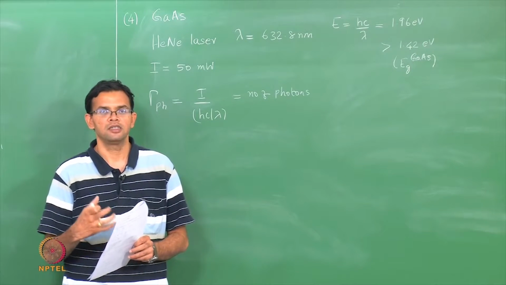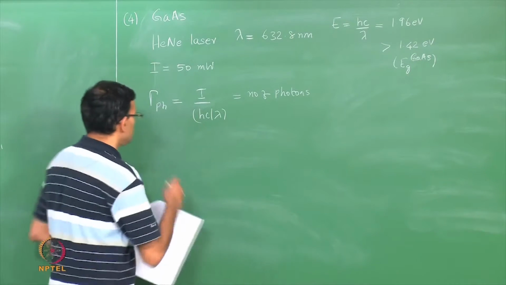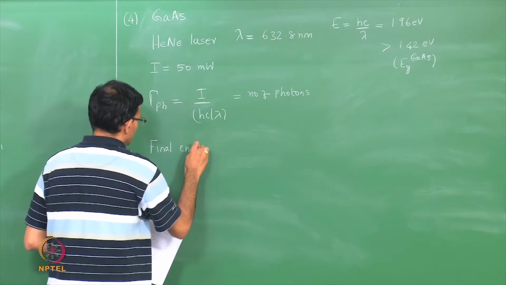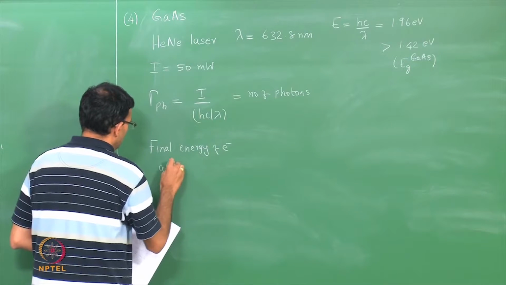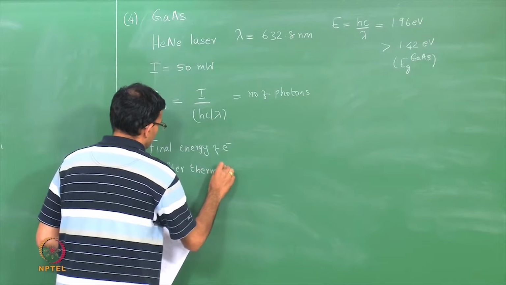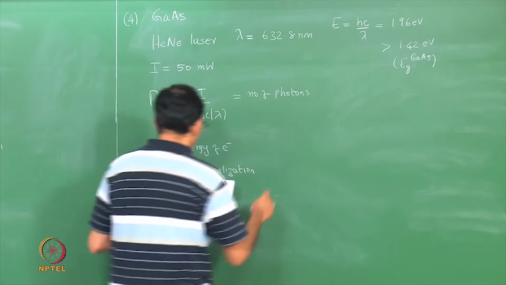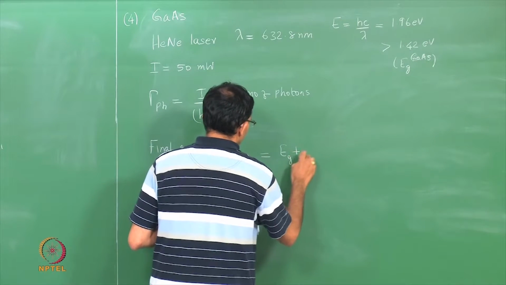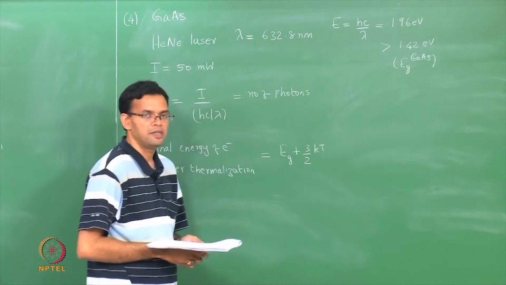There is always a certain thermal energy which the electron will possess. So, the final energy of the electron after thermalization is nothing but Eg, which is the band gap, plus 3/2 kT.